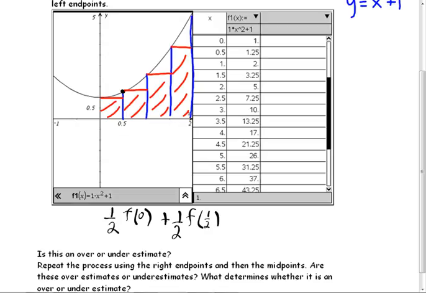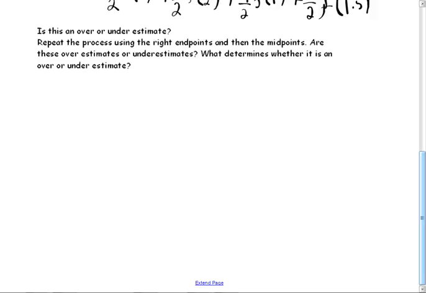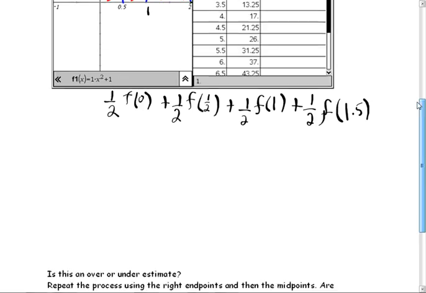I'm going to read it right out of the table. Plus 1/2 f of 1, plus 1/2 f of 1.5. That's it, and I don't use the other one. I don't use the right endpoint because I'm doing left.